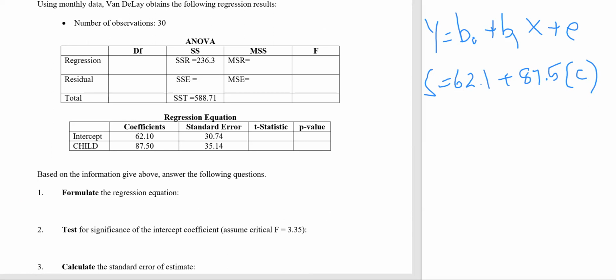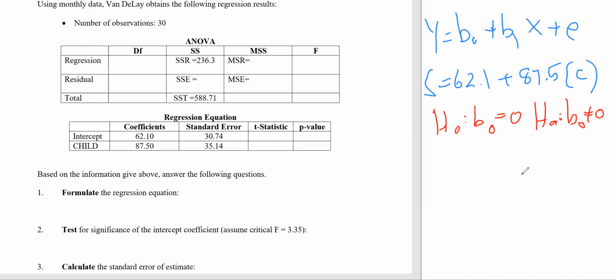The null hypothesis H naught is saying that the intercept beta naught is equal to 0, and the alternative HA, that beta naught is not equal to 0. So now we need to test this.